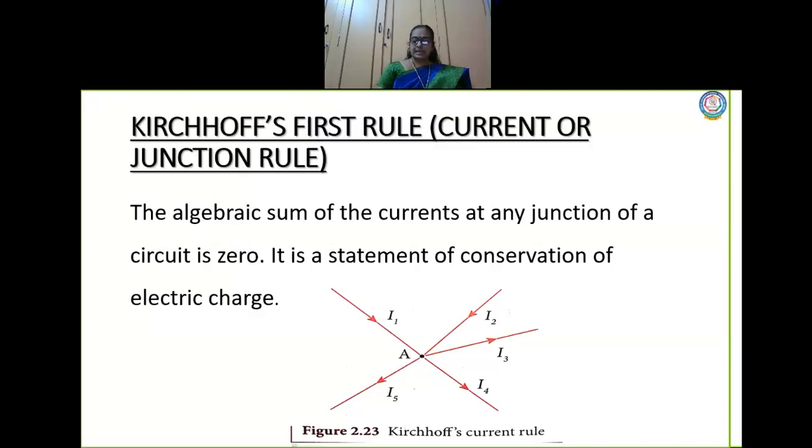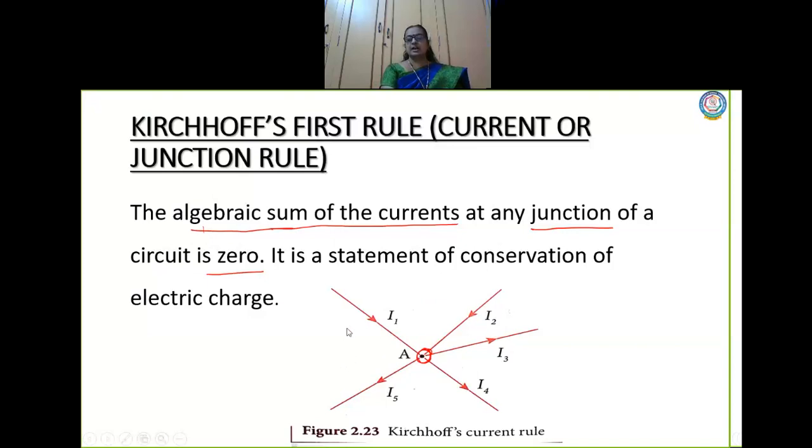What is the law? The algebraic sum of the currents at any junction of a circuit is 0. Now let us consider this A to be a junction. Now you have currents coming from different directions.